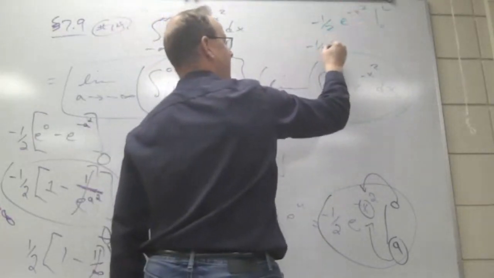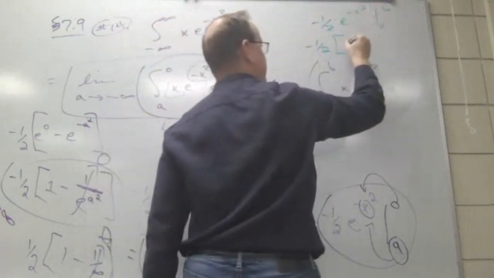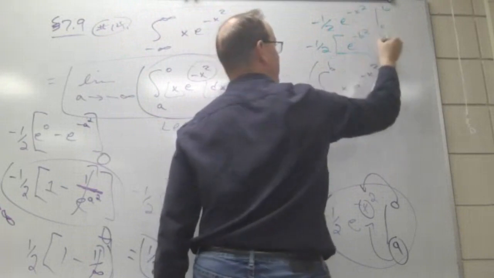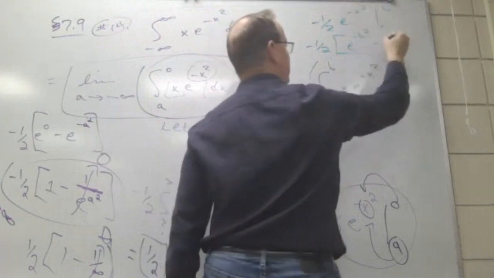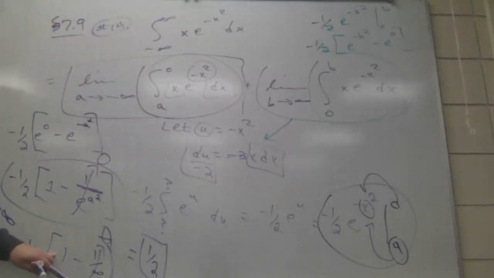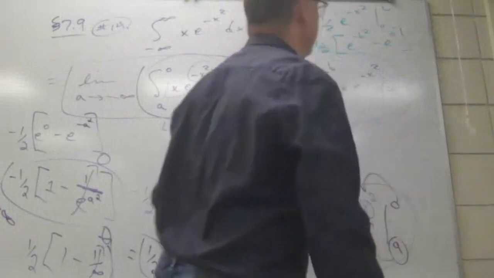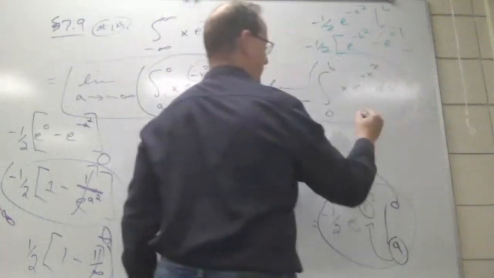And so it's -1/2. I'm going to keep that out front. When I plug in b, it's e to the minus b squared, and then minus plugging in 0, e to the 0 power. So instead of the 1 being at the beginning of the binomial with the minus sign in between, it's at the end. So anyway, this is 1.